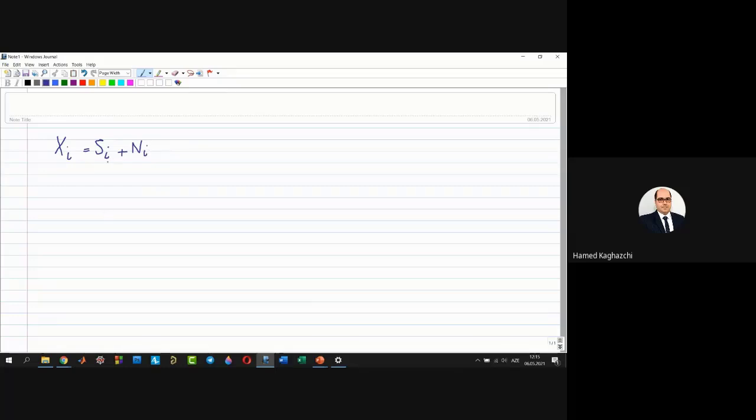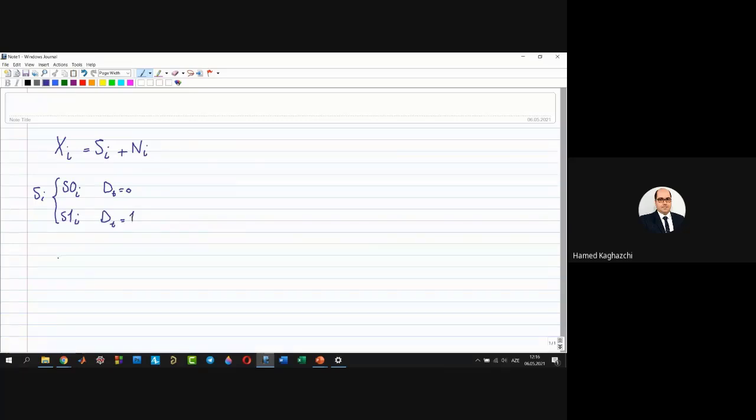So we said that we can divide Si as S0i if dt is 0, and S1i if dt is 1.